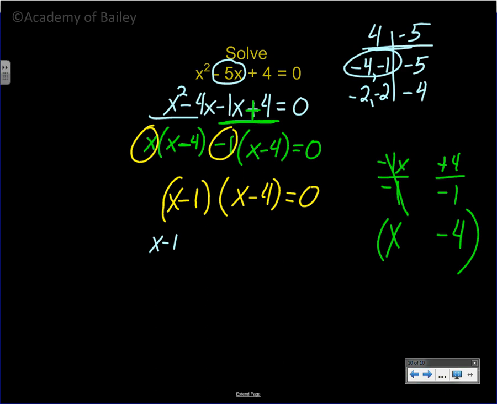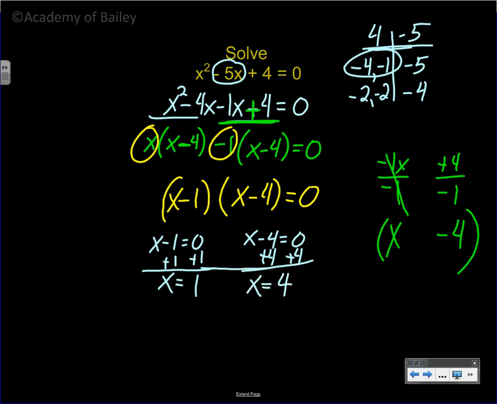We have x minus 1 is equal to 0. x minus 4 is equal to 0. Plus 1, plus 1. And we add 4 to both sides here. And we have the two solutions to that quadratic.